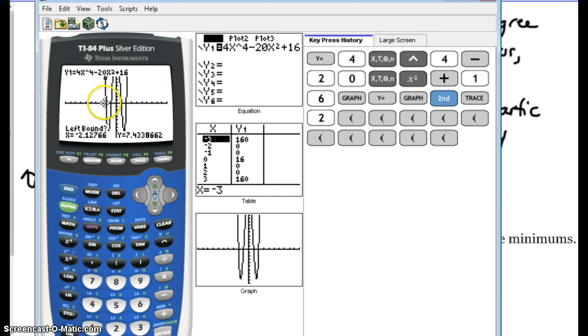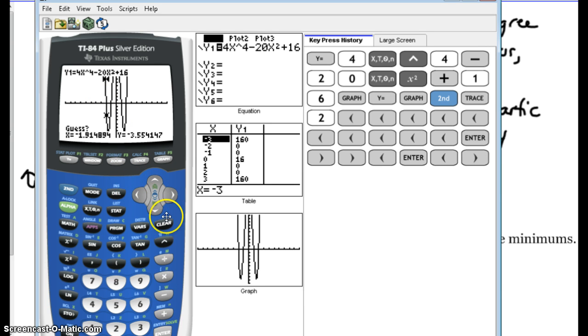So for this zero, left will be up here and right will be down there. The cursor is at the left, so we hit enter. Then we move the cursor to the right and hit enter. Then we guess by moving it as close to the spot as it allows us to, and hit enter. So this zero is at -2, 0.